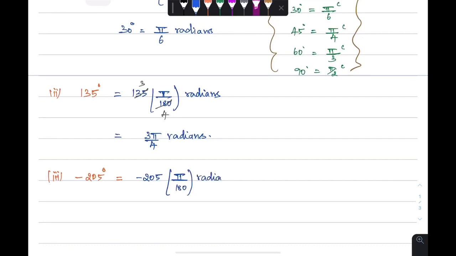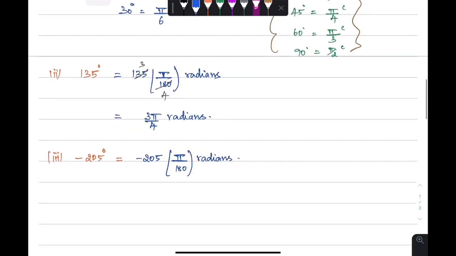So pi by 180 radians can be simplified further. You can cancel it out. 36 times, and this is going to be 41 times 5. So it's minus 41 by 36 pi radians. Good.